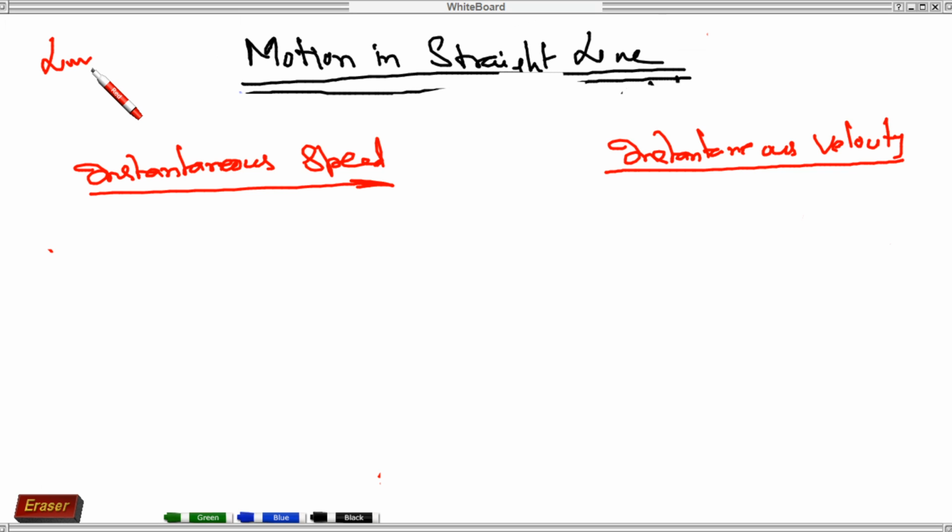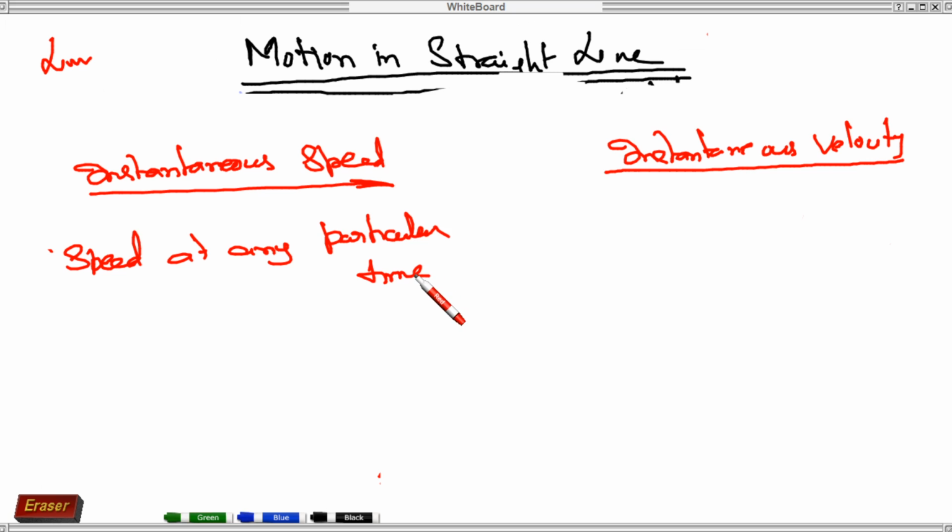For the timing, the speed of an object at a particular instant, means at any particular time, whatever the speed is. So speed at any particular time is what is called the instantaneous speed.